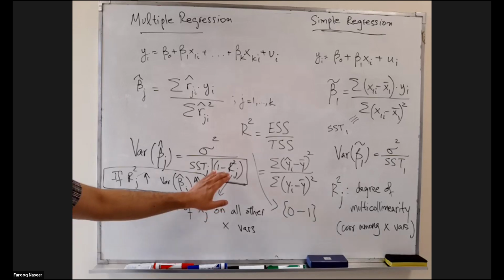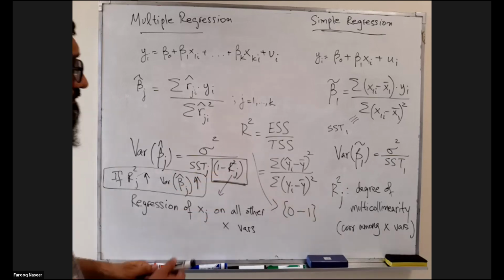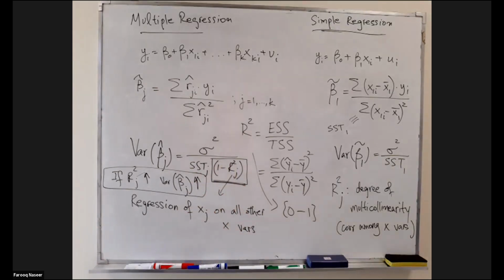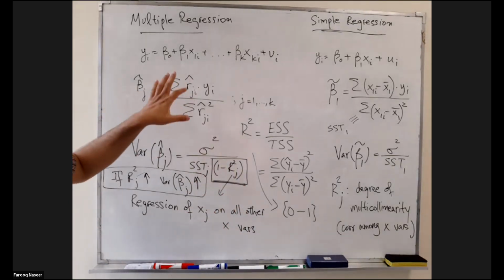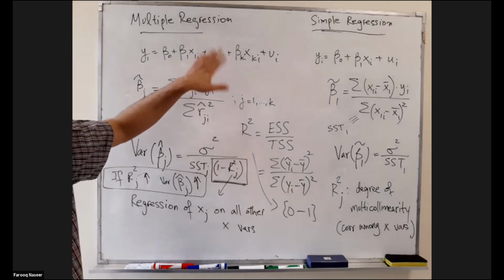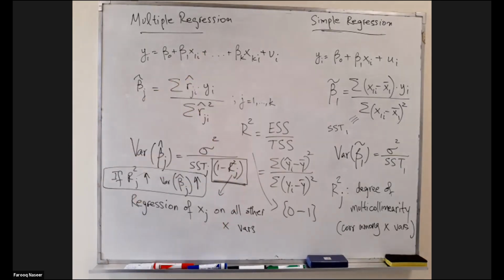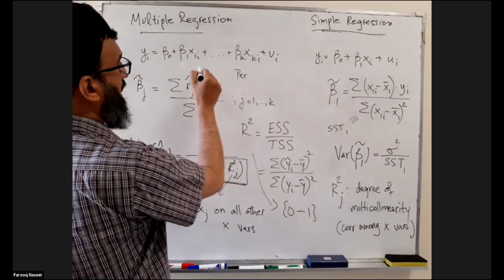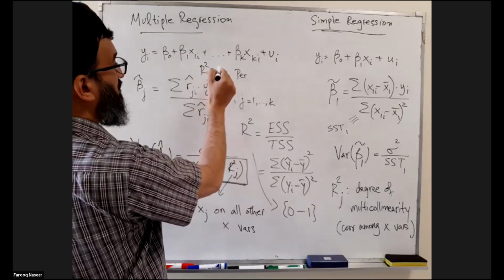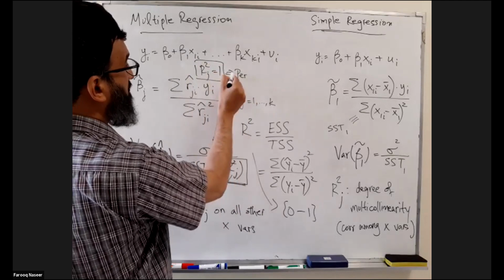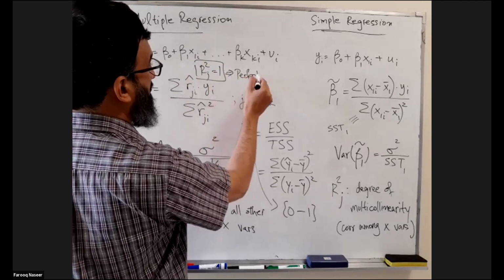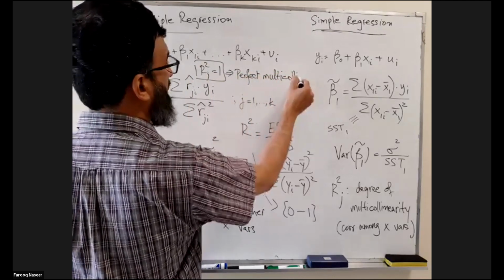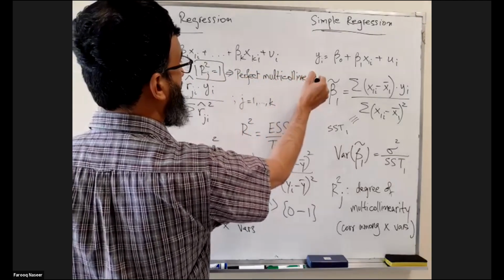अगर r squared j की value 1 हो जाए तो 1 minus 1 we have a divide by 0 problem. In fact, we will not be able to even obtain the beta hat j की value. We won't be able to estimate this regression. That's called a perfect multicollinearity problem. So r squared j is equal to 1 का मतलब है कि there's a very high, so that's like having a correlation of value 1, right?